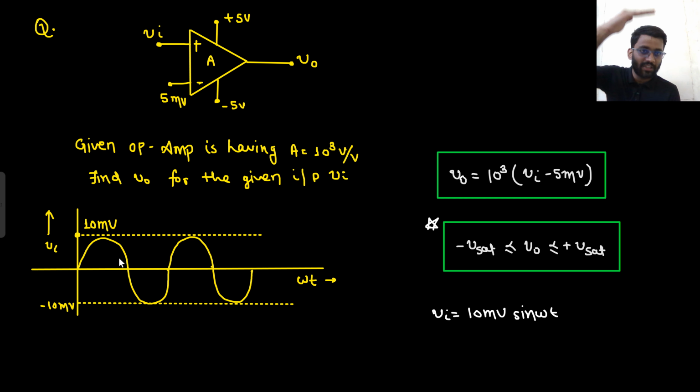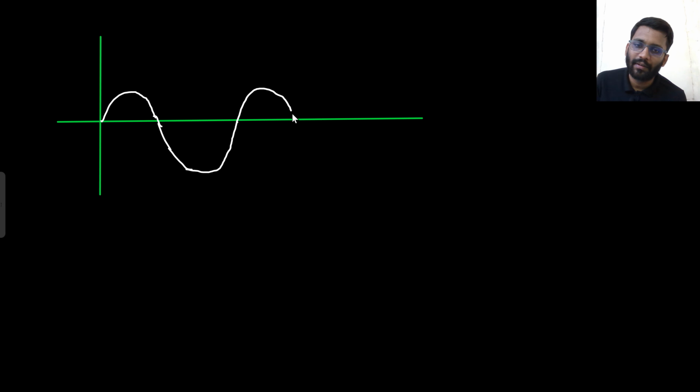So this is my target, to draw the waveform of V in minus 5 millivolt. So I just need to shift it downward. So 10 millivolt minus 5 millivolt will be 5 millivolt only. So this is how the waveform would look like. This is 5 millivolt, but it is shifted downward by a huge margin, and that would be minus 15, and then 5 millivolt, then minus 15, like that.